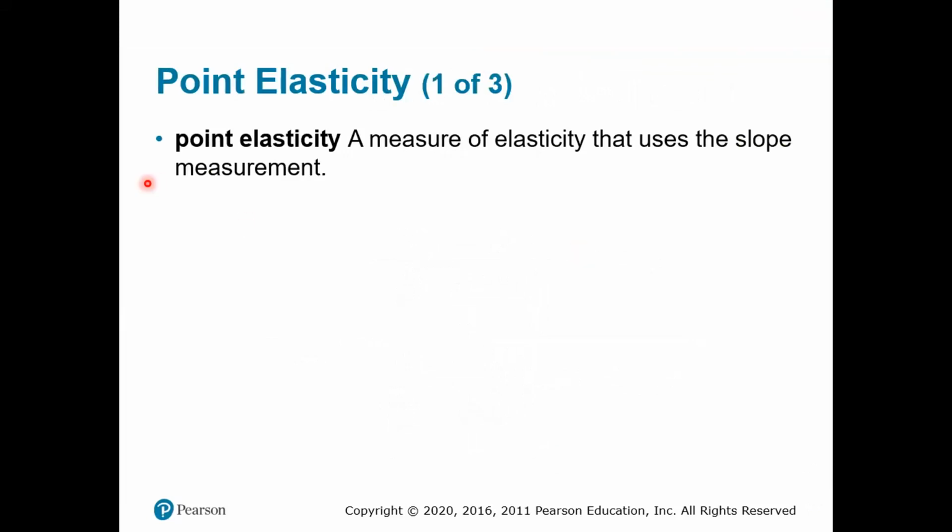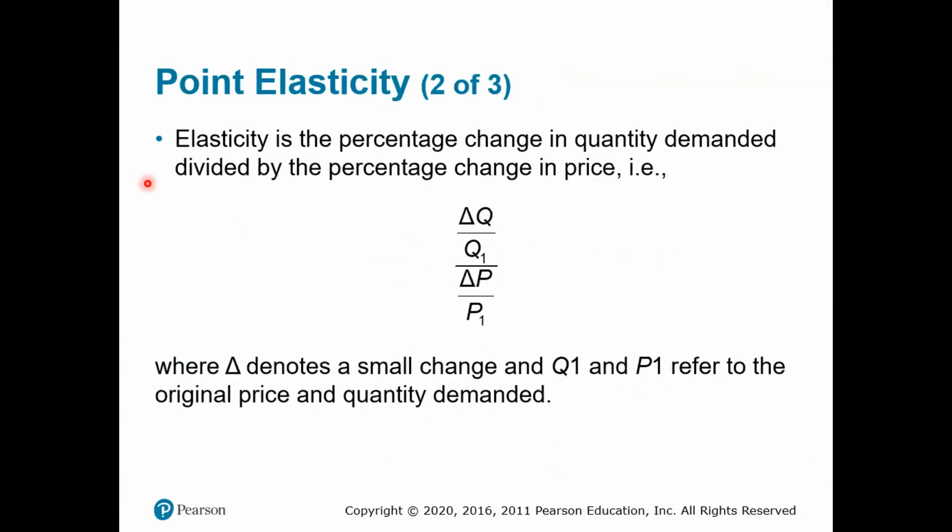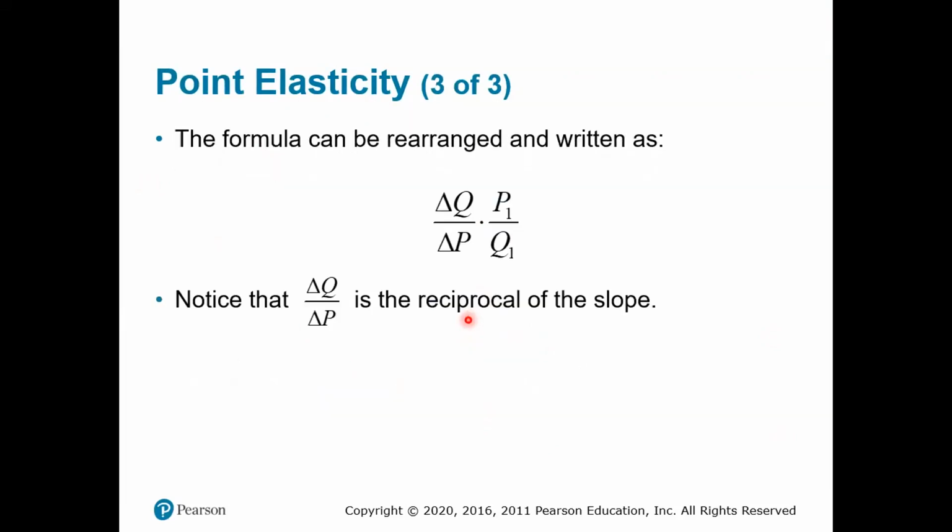Now, point elasticity is a version of that. Instead of having a distance, Q1, Q2, what about the elasticity at a given point? So change in quantity over Q1, change in price over P1, but the change is so infinitesimally small, it may as well be zero, which is meaningless. But this is where we can borrow some help from calculus for those of you who have it. Change in quantity over change in price is just the reciprocal of the slope of the demand curve.